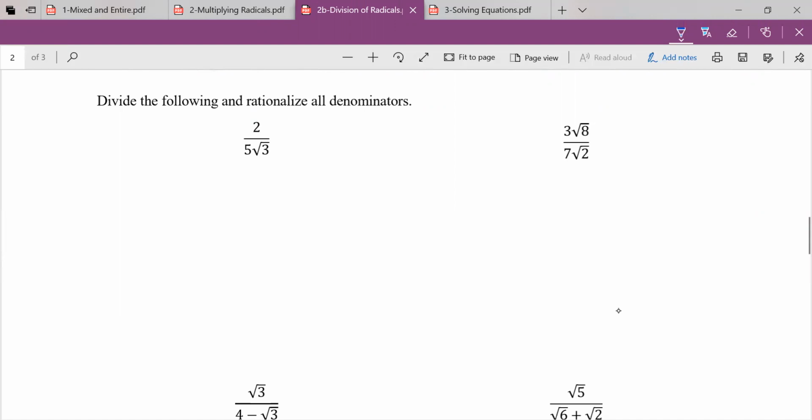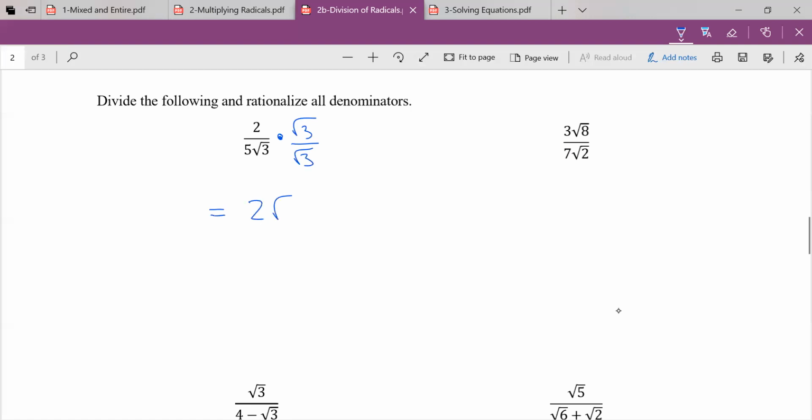Okay, the first thing I'm going to do, very similar to multiplication, is ask, can I divide anything? Can I divide my coefficients? No, 2 and 5 don't divide or simplify. And I've only got one radical. So on the first one, there's actually nothing to divide. All we're going to do is rationalize. So we multiply by 1 in a sneaky way, just like that.